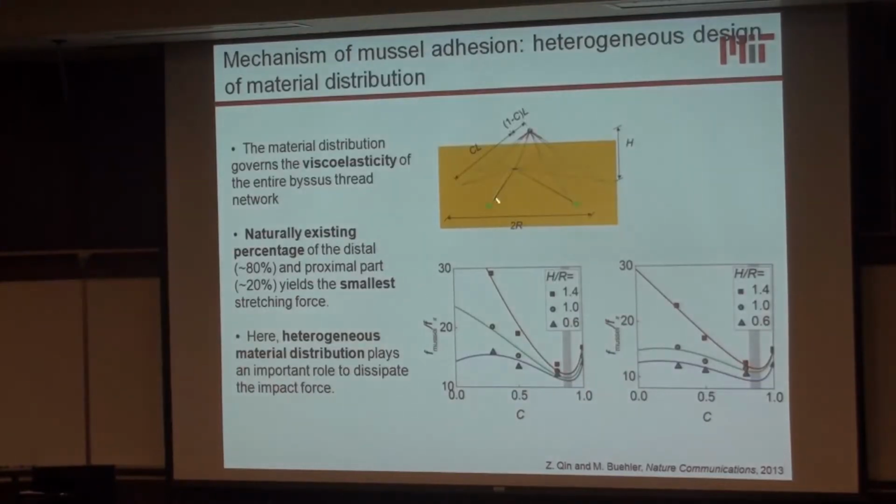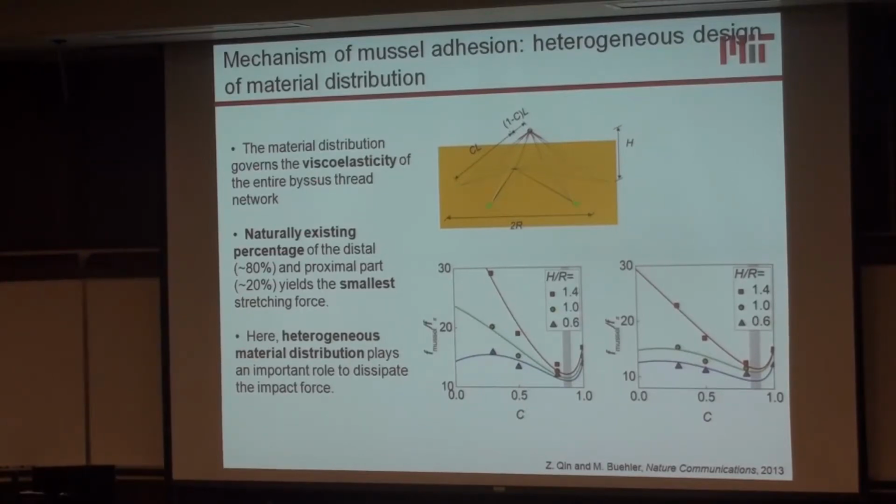And we also systematically change the ratio between the soft and stiff material. We find that at 20% of the soft material, that gives the minimal reaction force on this network. Other than this number, if you have more soft material, the speed will be very high, and the viscous force will play a dominant role.